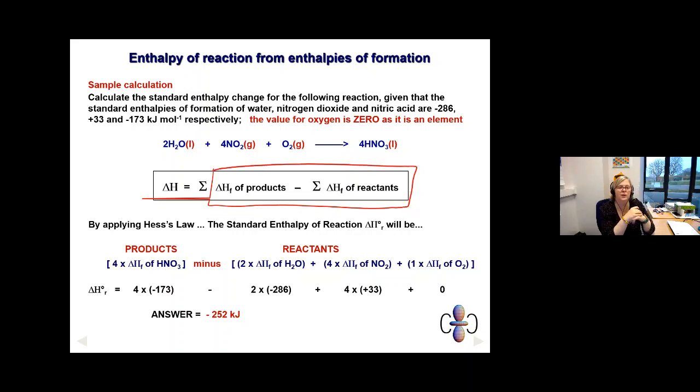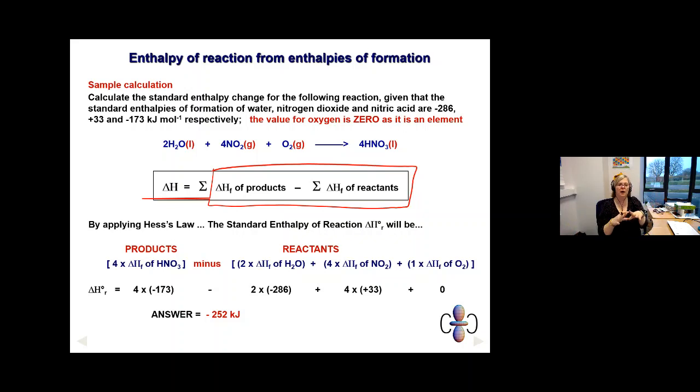Okay, so you work out how much is needed to form all the products, you subtract how much energy would have been required to form them as the reactants initially, because you assume that you're creating the reactants out of their atoms before you then take those and turn them into the products.